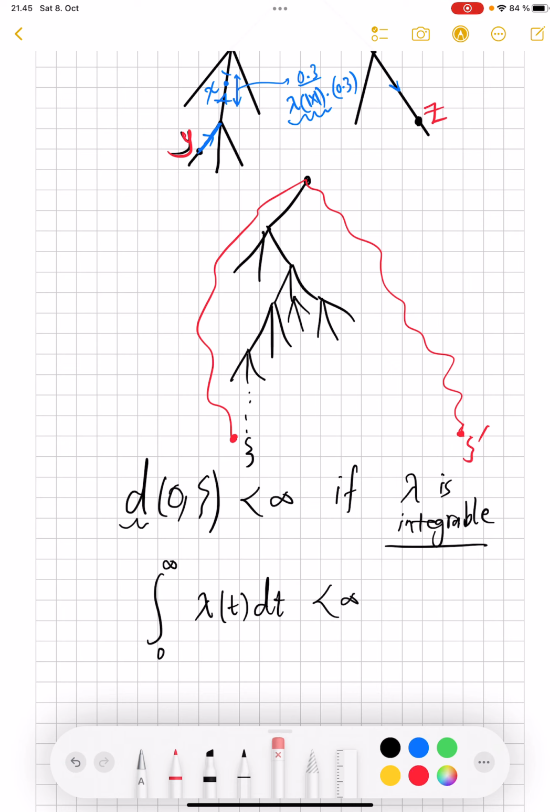So that's how you can improve metrics, and that is a common thing in metric analysis to replace original distance functions with ones that are more suitable for our needs.